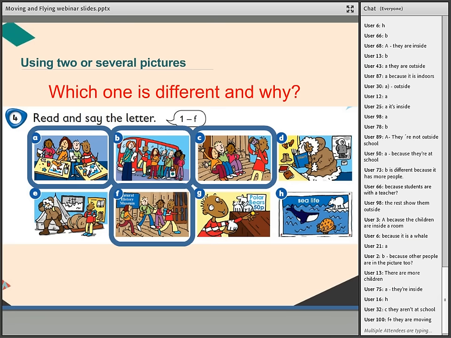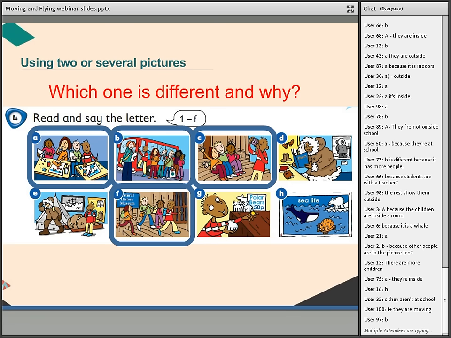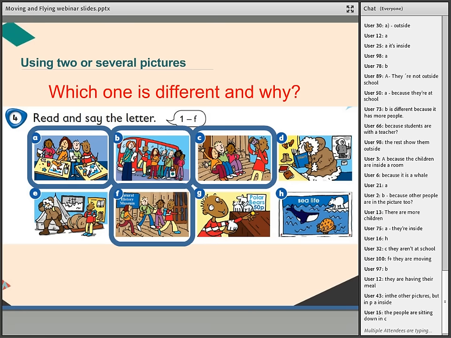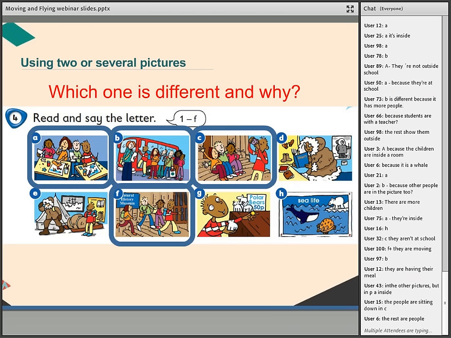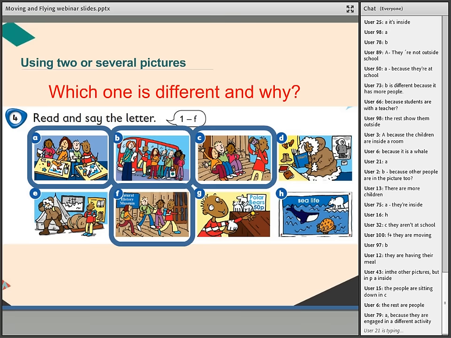Okay, and the point here is that there's no right answer as long as students can justify with a good reason why they think a particular picture is different. So for example, we could say here, B is different because there are 4 people in pictures A, C, and F, whereas in B, there are 1, 2, 3, 4, 5, 6, 7 people.